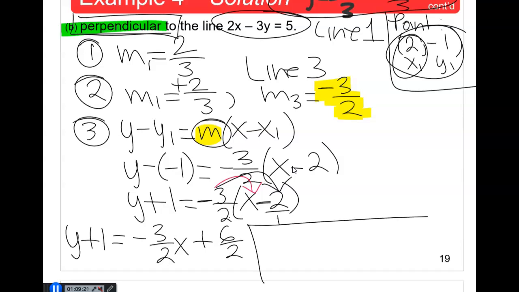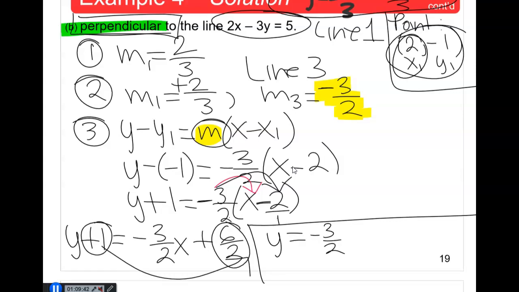So from here, we're almost done. We could see that the plus 1 is going to come across the equal sign, and it's going to go from addition to subtraction. But we could also see that the 6/2 is going to be an integer. So this will be y equals negative 3/2 of x. The 6/2 is actually going to be just a plus 3.